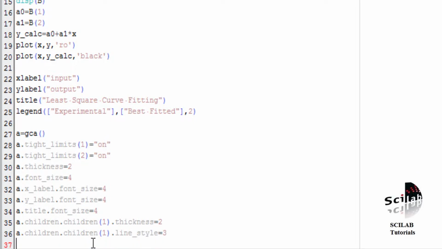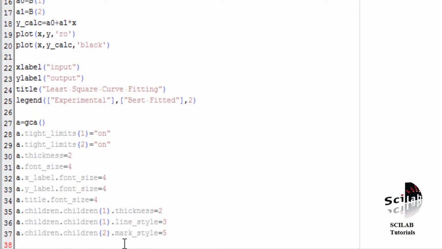Now again we will copy this, and I will change it for the experimental data points. Since experimental represents only data points, I will change the mark style and mark size. So mark_style is equal to 5 and mark_size is equal to 10. Now I have made all the changes in the graphical axis and figure properties, and now let us run the code.